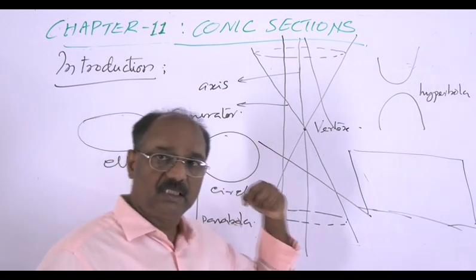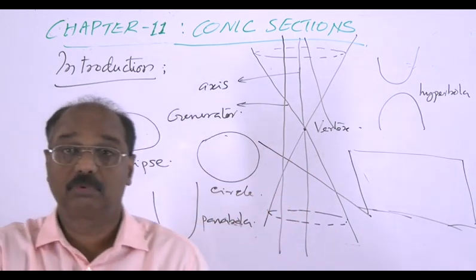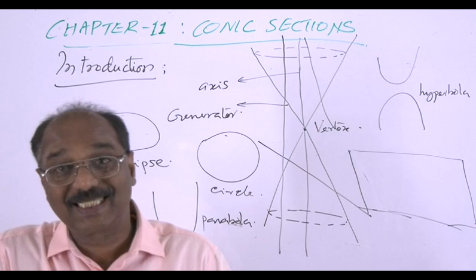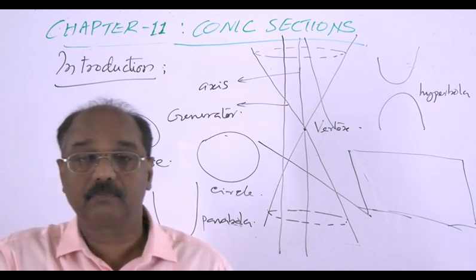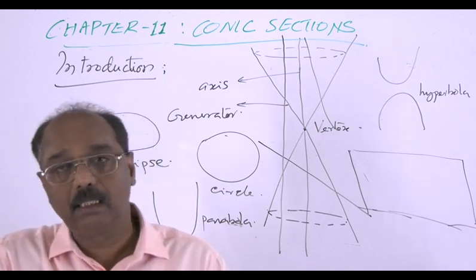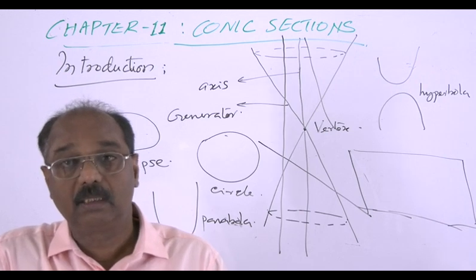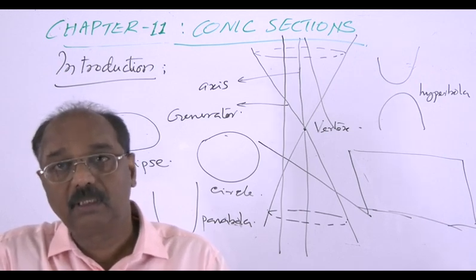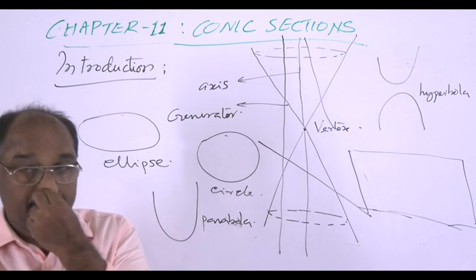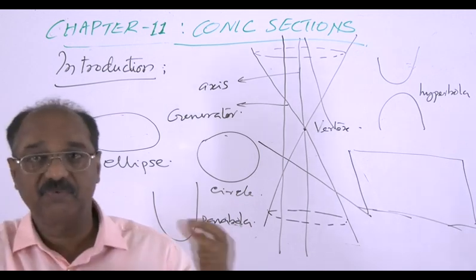So these are the four various forms of the cross sections or the conic sections: circle, parabola, ellipse, hyperbola. Four different forms.